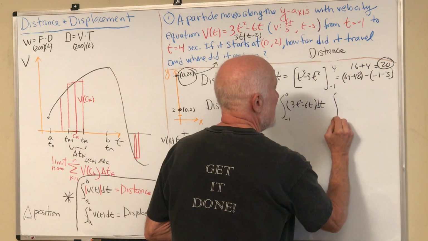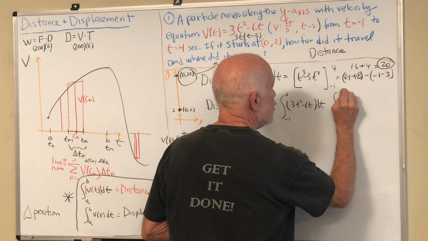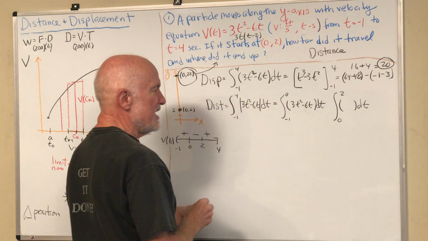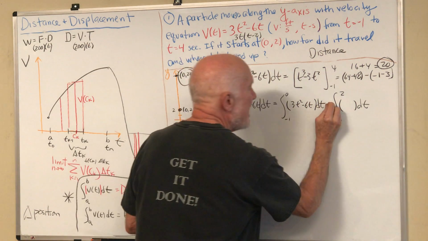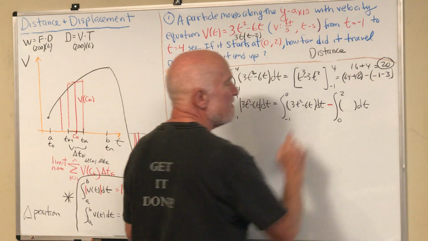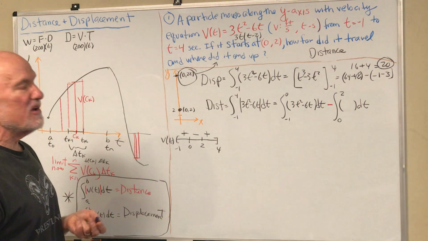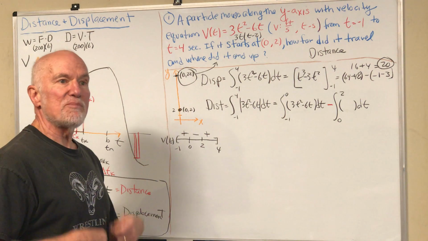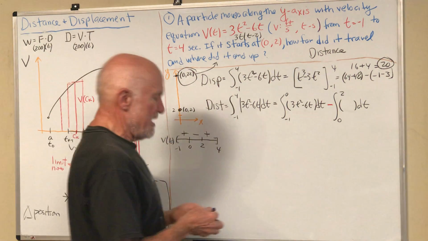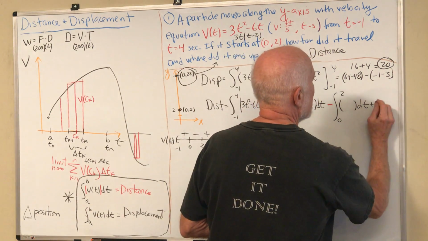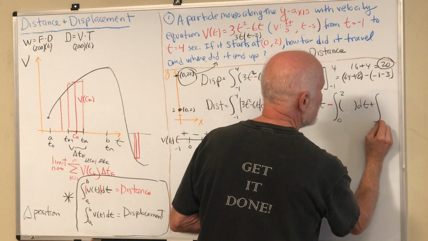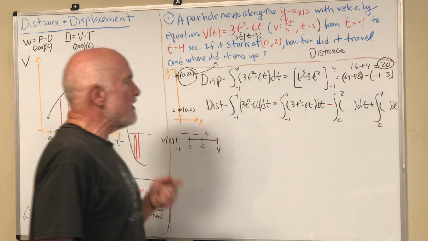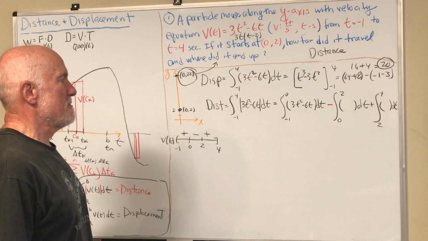But when I take the integral from 0 to 2 of the same v of t dt, now I have to put a minus sign in front of that, because I know my velocities are negative during that time period, so it would give me a negative contribution to distance, and I don't. I want it to be positive. And lastly, I go back and I go for positive in that last integral. So I've got 3 separate integrals to take.